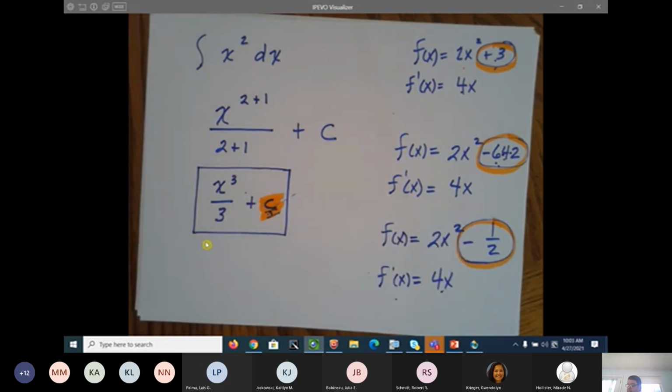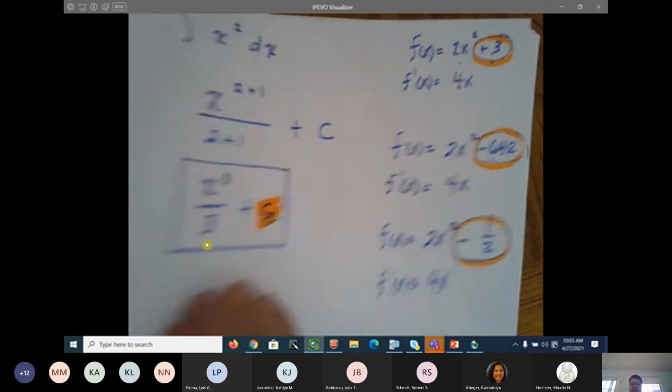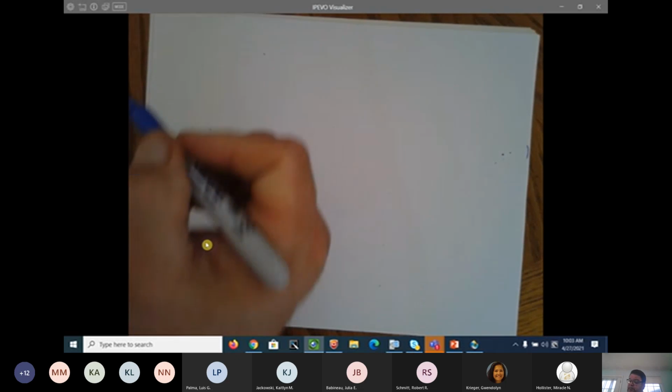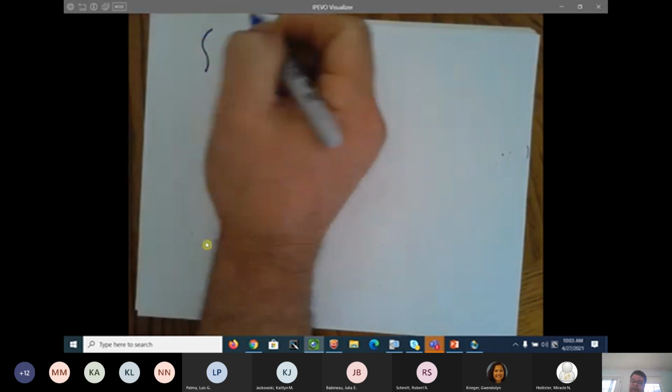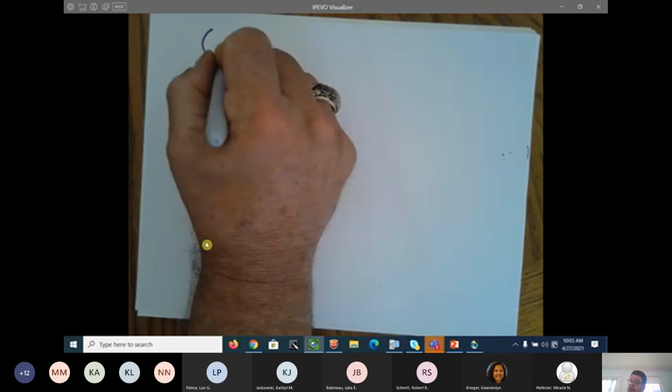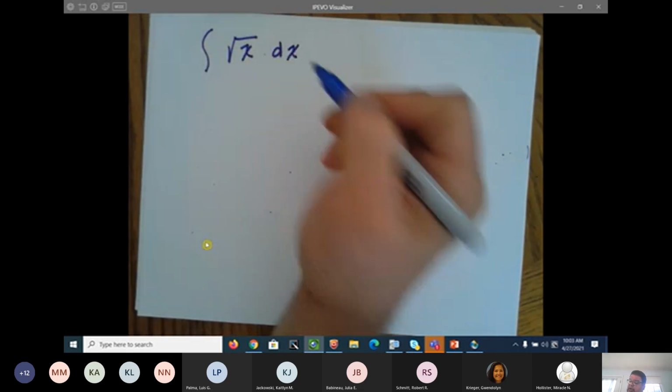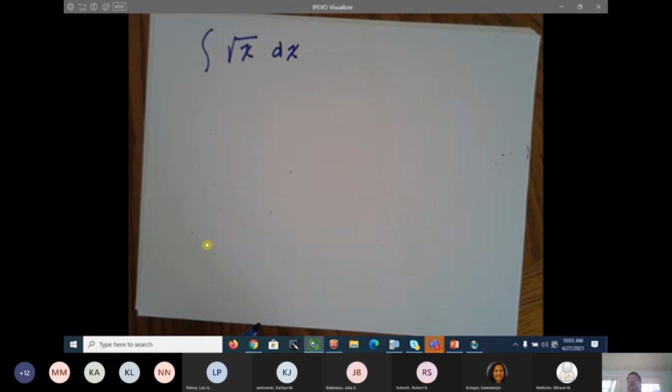Let's do another one. Antiderivative of square root of x dx. What is one of the first rules of calculus?